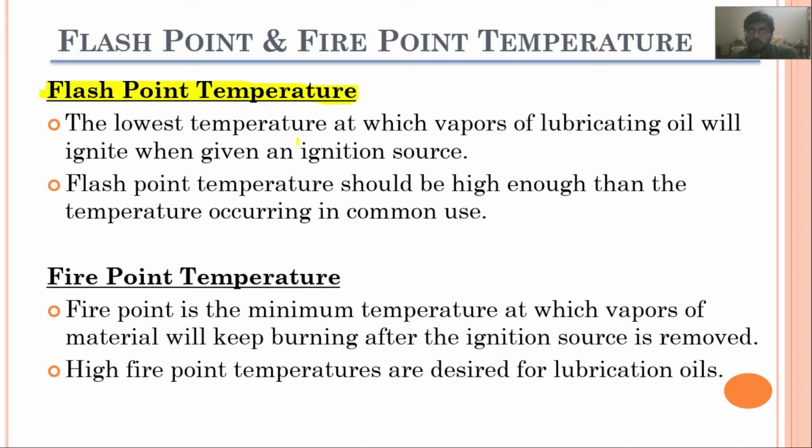As we know, we do not want our lubricant oil to ignite, so it should have a higher flash point temperature, higher than the temperatures which are usually achieved in the SI engines.